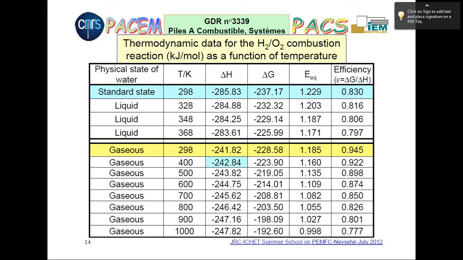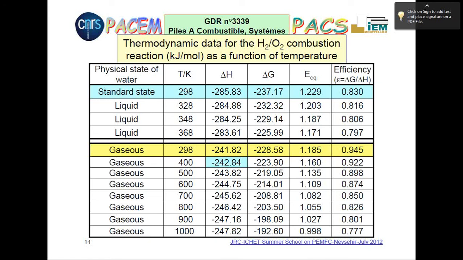In the gaseous state, you cannot use the heat of condensation, so you have the low heating value. In the liquid state, you have the high heating value. So it changed the figure, so it means it changed the cell voltage, it is lower, 1.16 for example.